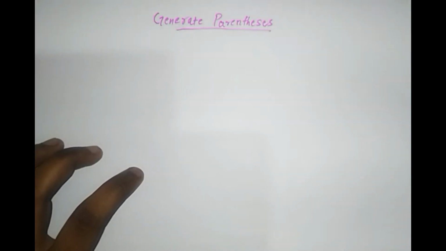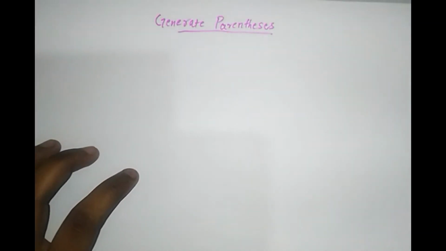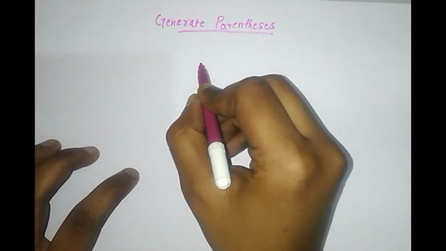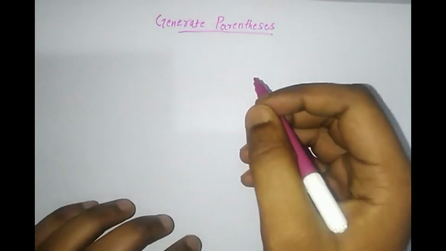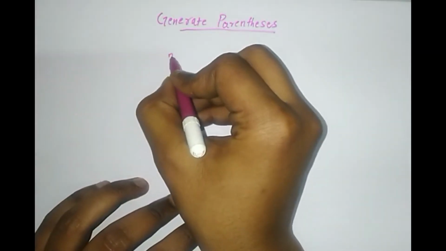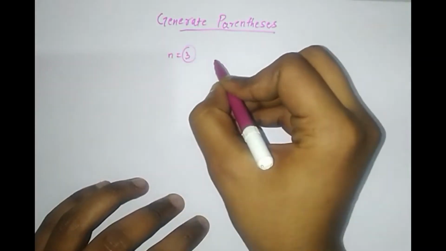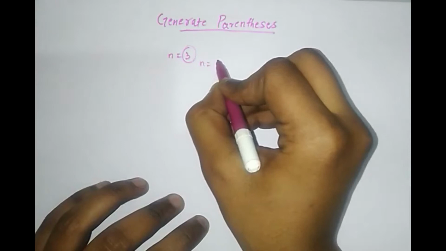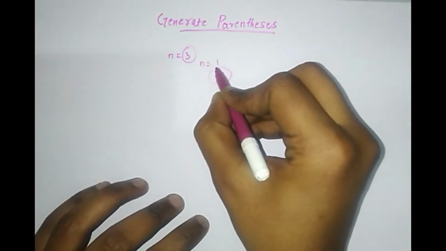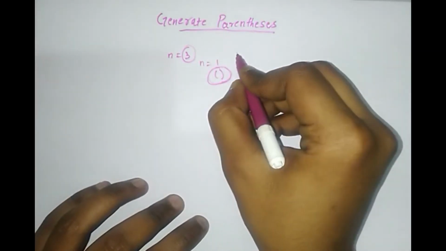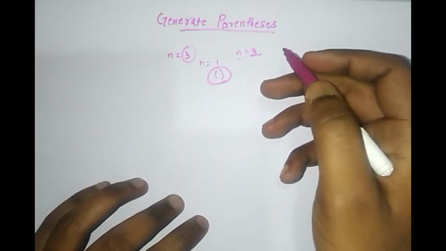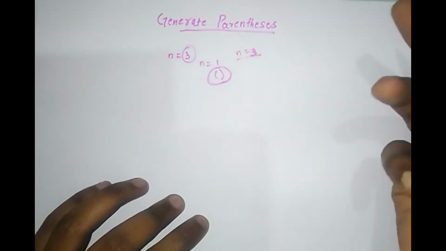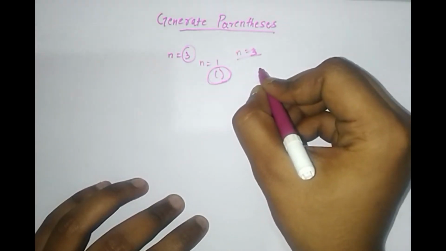Today we are going to solve a problem, Generate Parentheses. We are given n and have to generate the number of permutations which will generate valid parentheses. For example, n equals 1 means a pair of parentheses, valid parentheses. n equals 3 means the number of valid balanced parenthesis permutations.